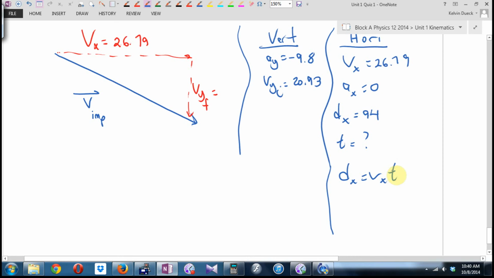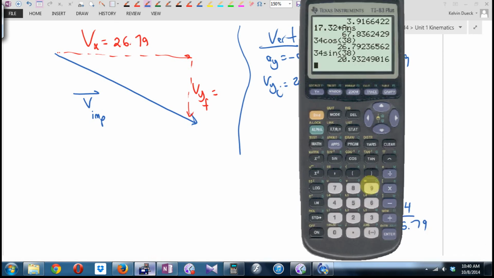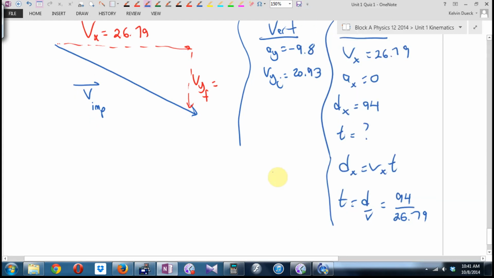What happened to the half AT squared? Nothing. It's gone. A is 0. Time is going to be d over v. It's going to be 94 divided by 26.79. 3.50, I'll carry a few extra sig figs, 3.509 seconds.